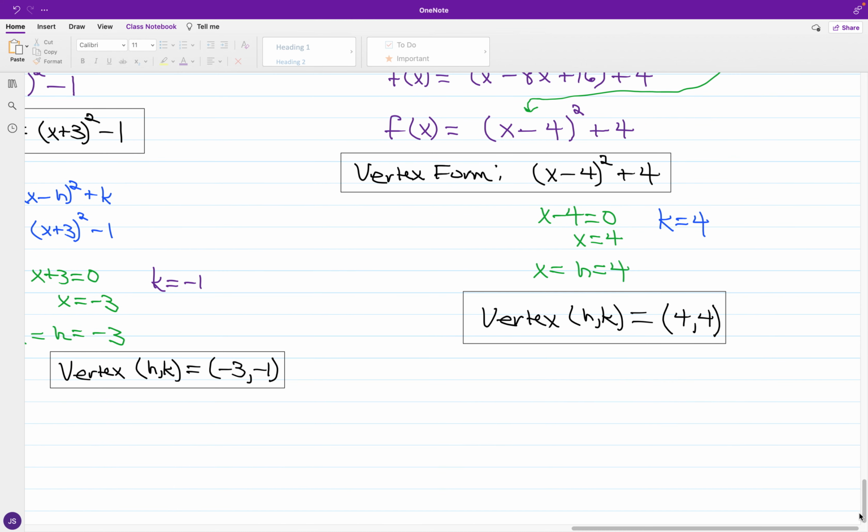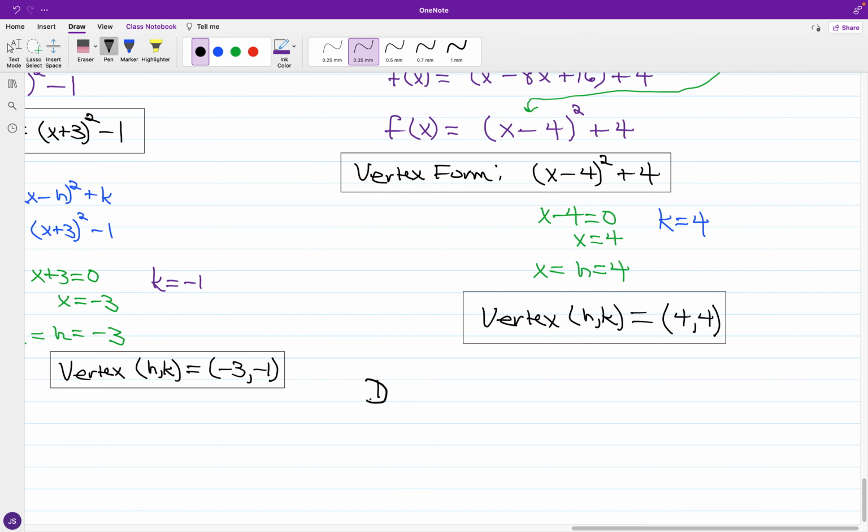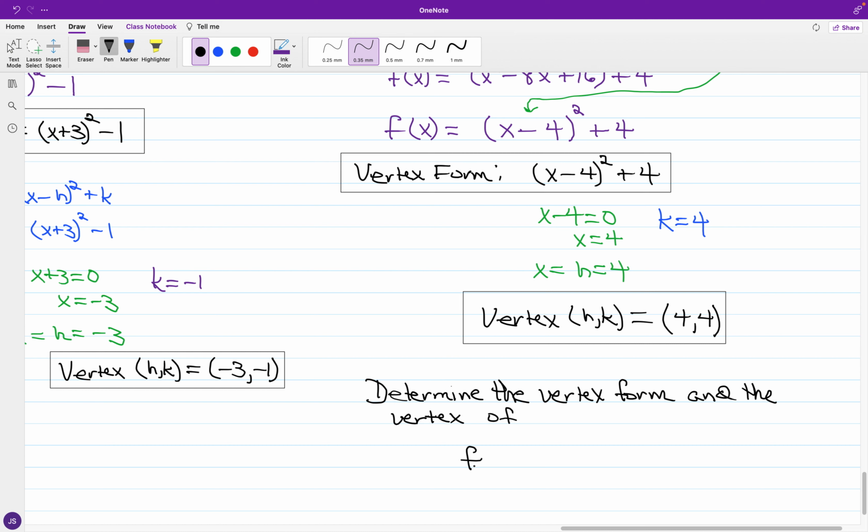And I tell you what, for the next few minutes, determine the vertex form and the vertex of, let's say, f of x is equal to x squared plus 10x plus 31.